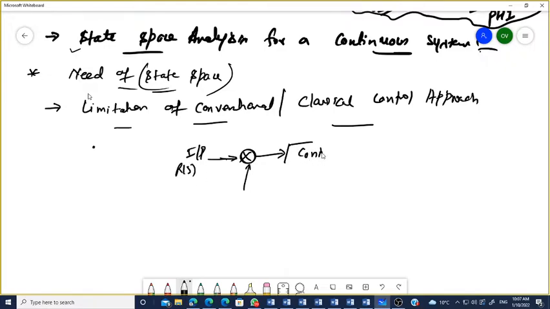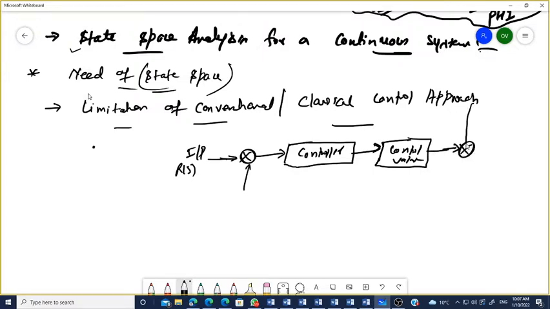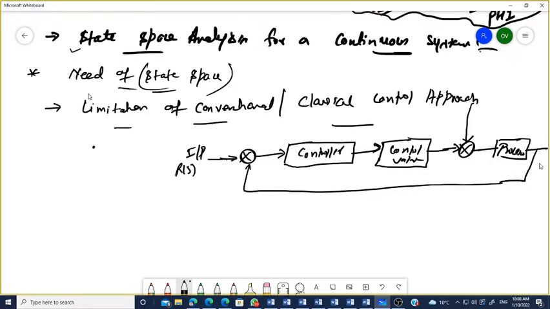This is the controller, and then this is the, anyone tell me, control valve or the final control element. Then there is some disturbance from the other side. Then this is the process, and then this is the feedback, and finally you can find the output from this side. This is Y(s), and this is the feedback system.